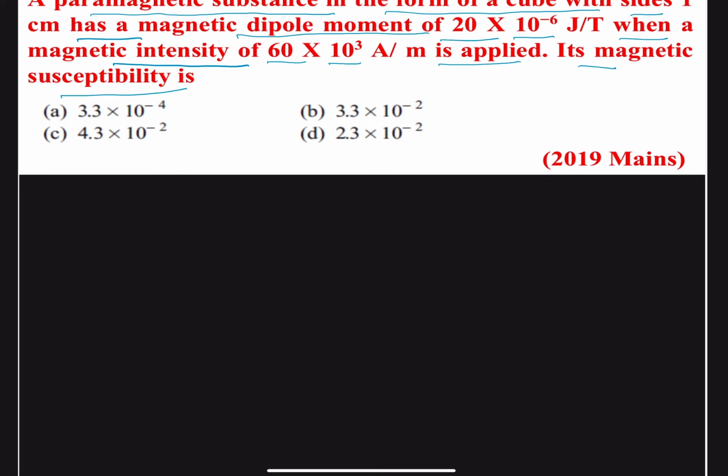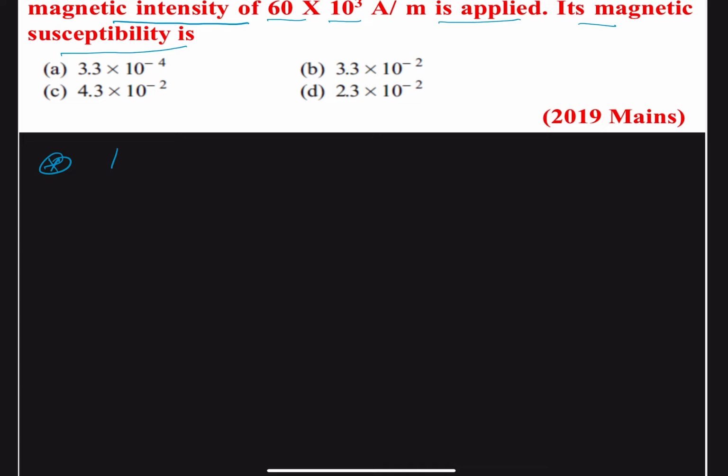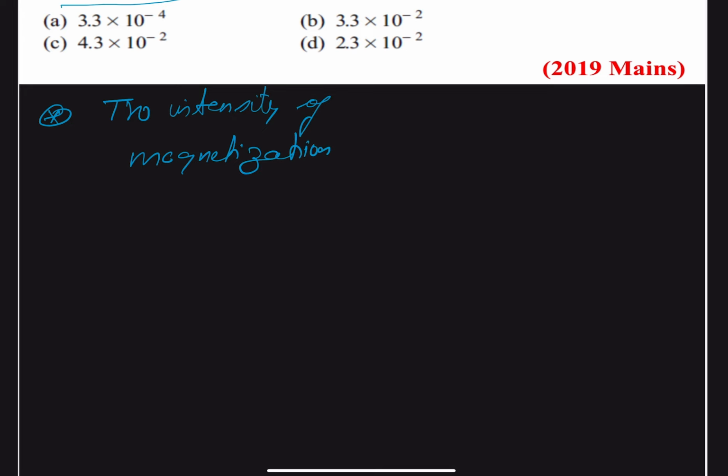So we start from there and we say the intensity of magnetization, let us call this Im, will be equal to magnetic moment divided by volume.